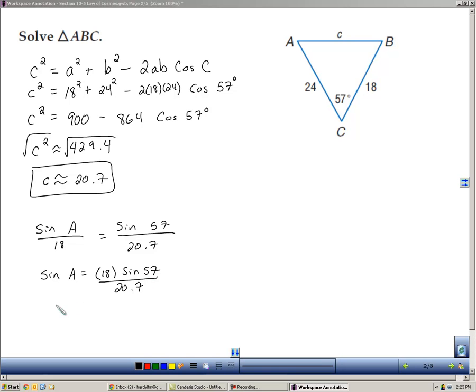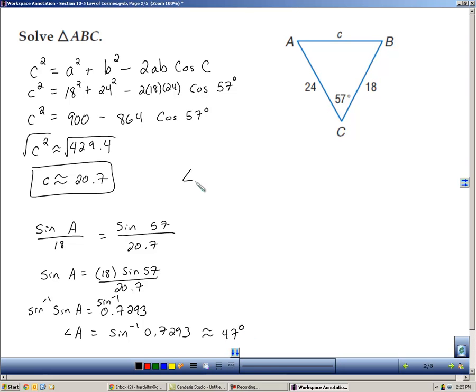So cross multiplication gives me this, so sine of A, if I plug that into my calculator, is 0.7293. And then I'm going to take the inverse sine of both sides to get angle A by itself. So angle A is the inverse sine of this number. Plug that into the calculator and you get about 47 degrees.